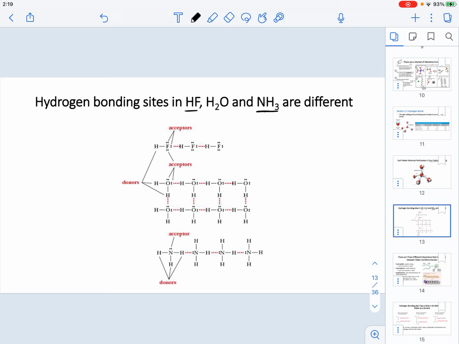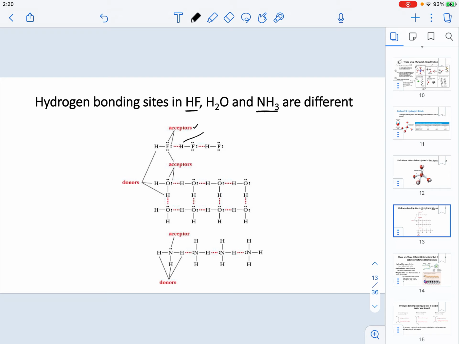Let's look at, for example, hydrogen monofluoride, which is HF. When we look at a molecule of HF interacting with itself, one of the things that we can see is that in between the molecules, we're going to have hydrogen bonding acceptors, and we can also have hydrogen bonding donors.